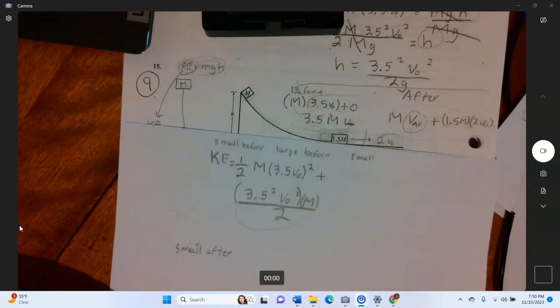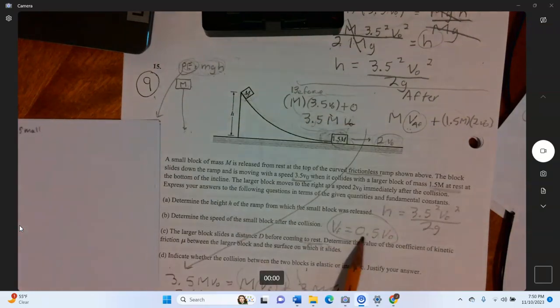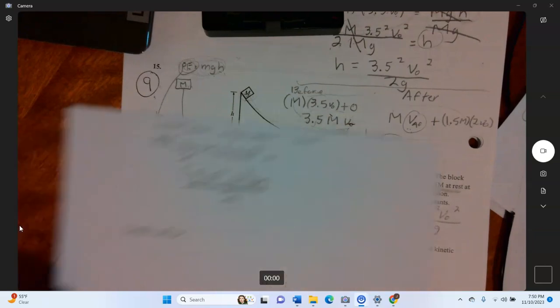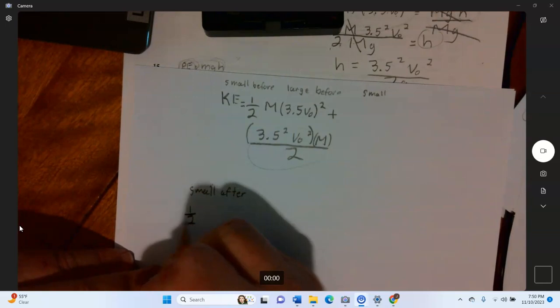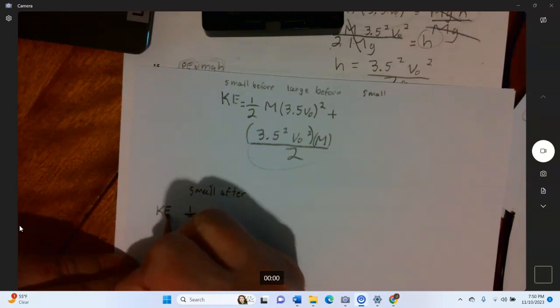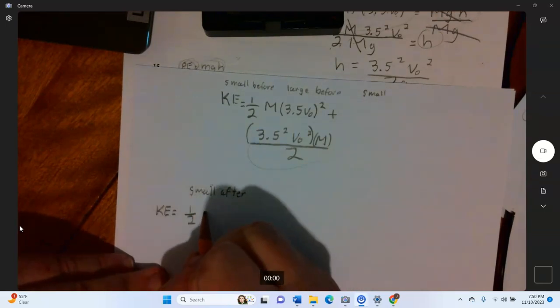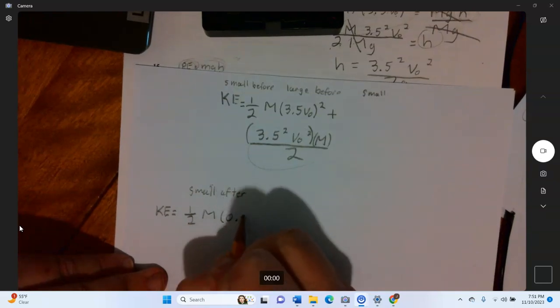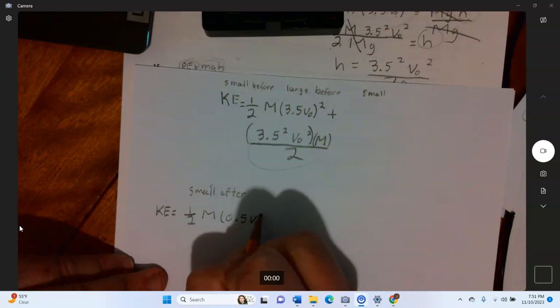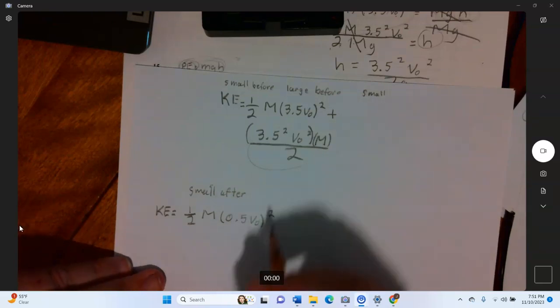And what was its velocity? We figured that out here. It was 0.5 v0 after they collided. So after is going to be 1/2 M, and then it's 0.5 v0 squared. That's the small block.